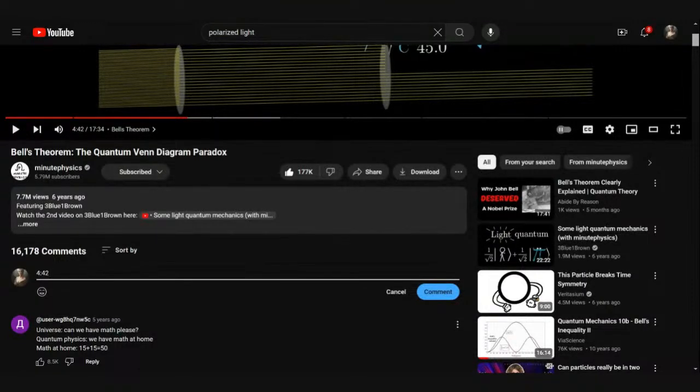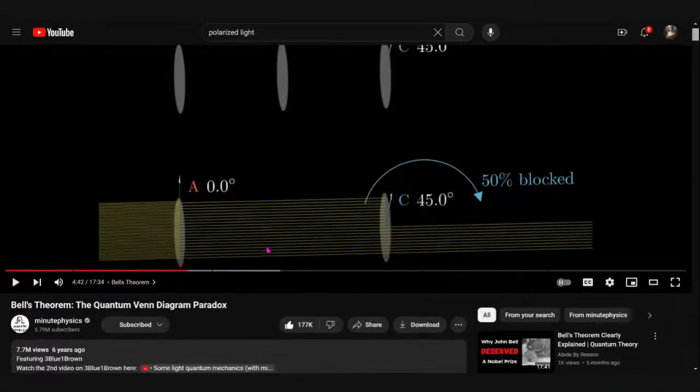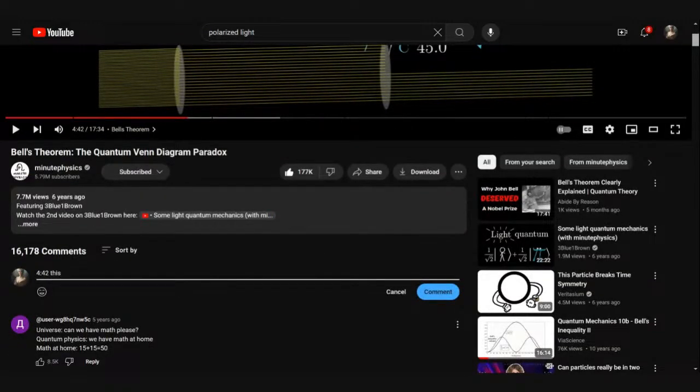So what do we want to say? This is completely wrong unless I did not understand polarization as it was explained in the beginning. So what is wrong?